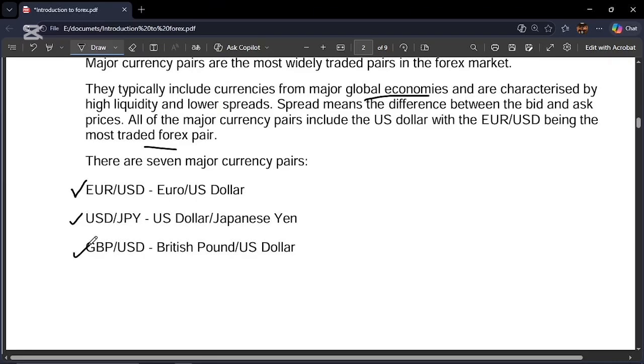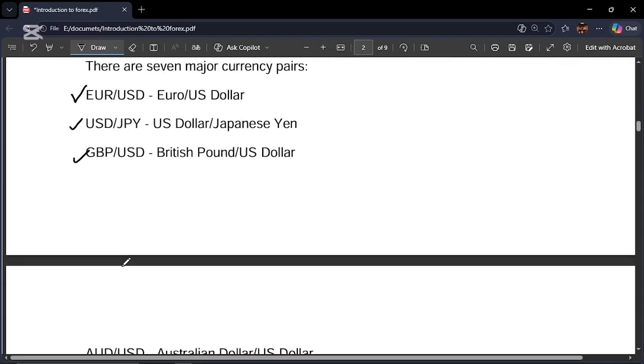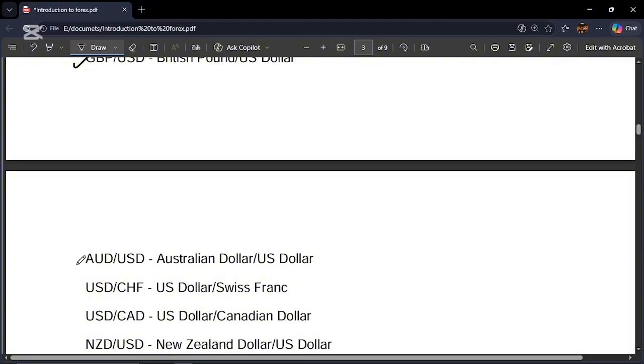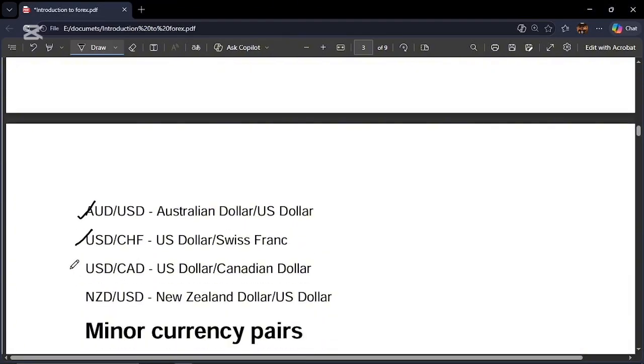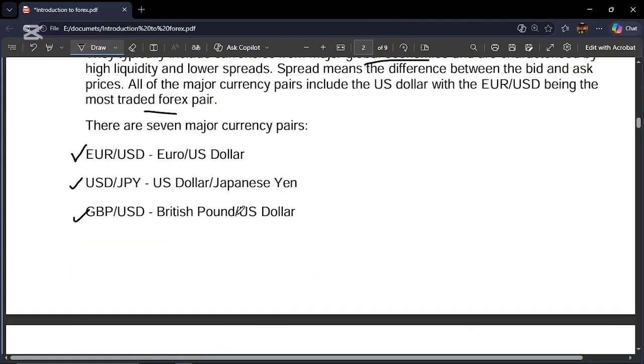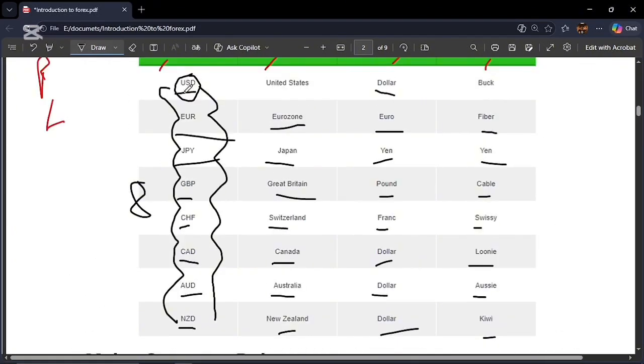We have the Great Britain Pound USD, the Aussie USD, the USD CHF, the USD CAD, and the New Zealand USD. So all pairs including the USD are major currency pairs, because we all know that the US dollar is majorly a bigger currency in the market.